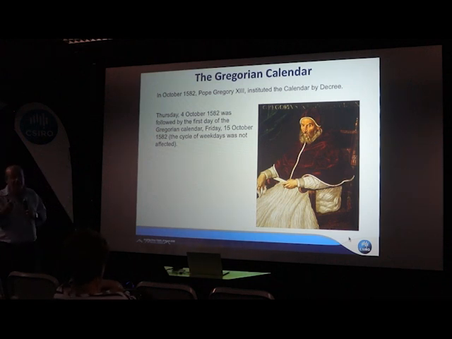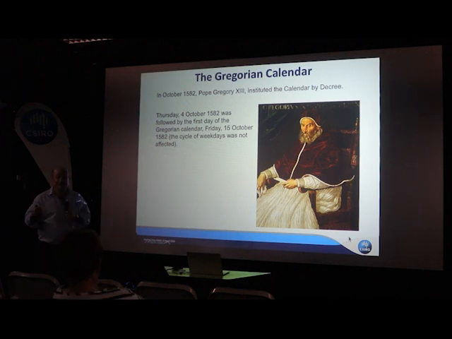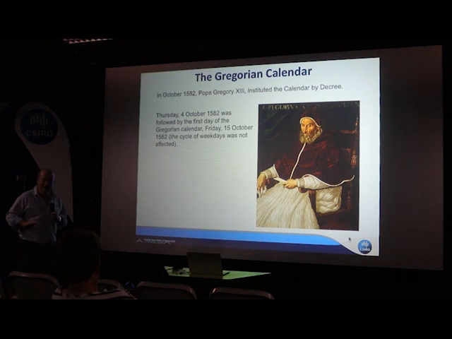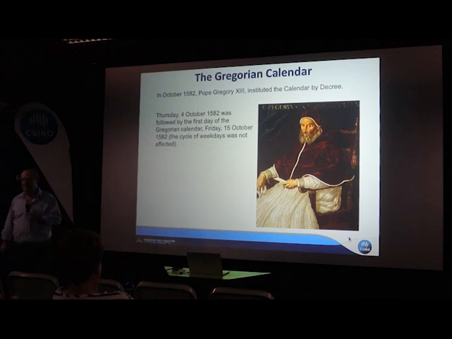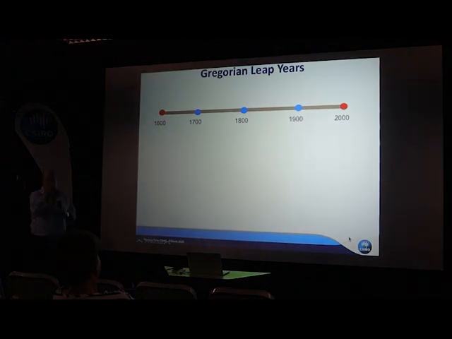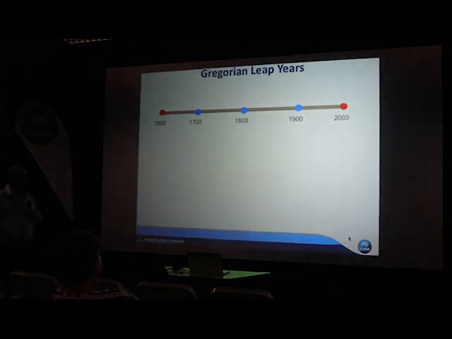They would not have got paid for a week's work. They would not have had their day of rest. I mean, there would have been a revolution. So he said, forget it. We'll get rid of the days, but we'll keep the weekdays the same. So Thursday went to Friday, but the date went from 4 October to 15 October. And that fit. To understand that, this is the rule.